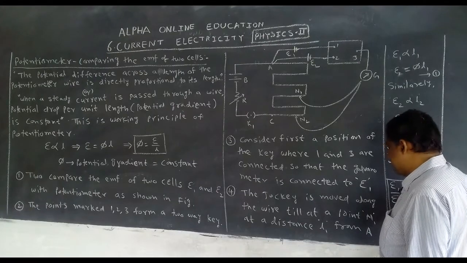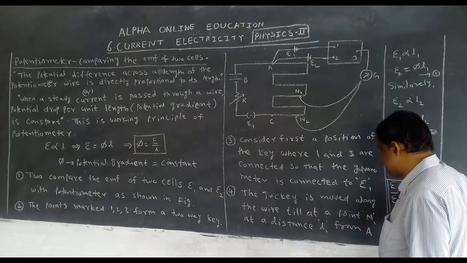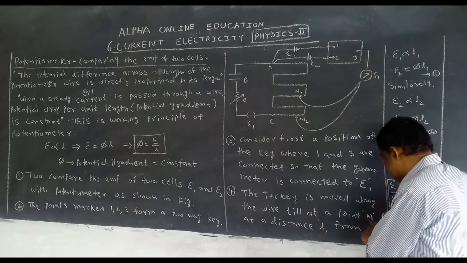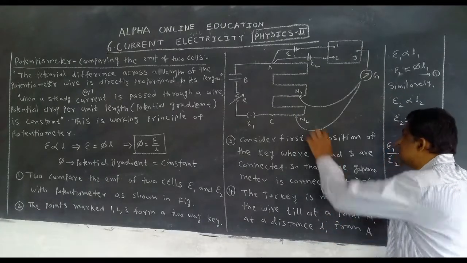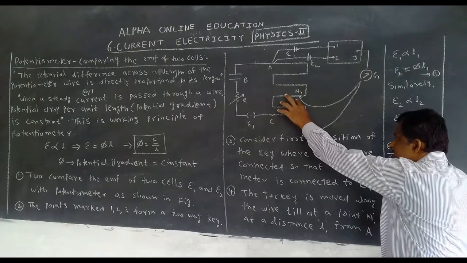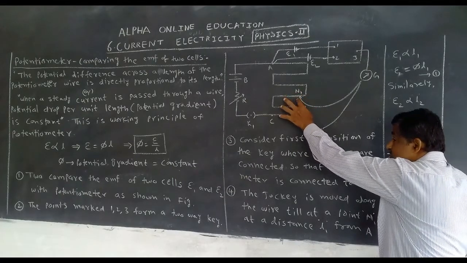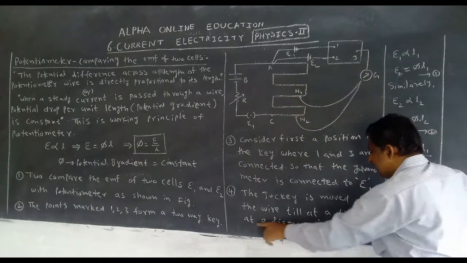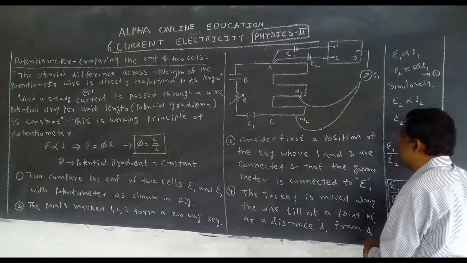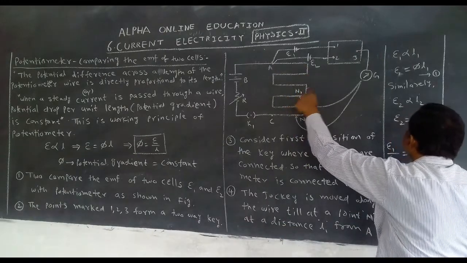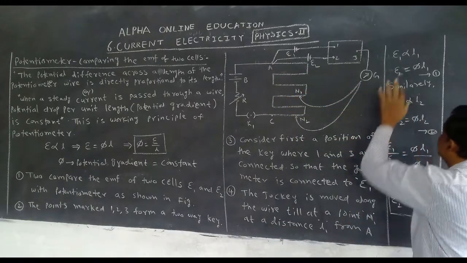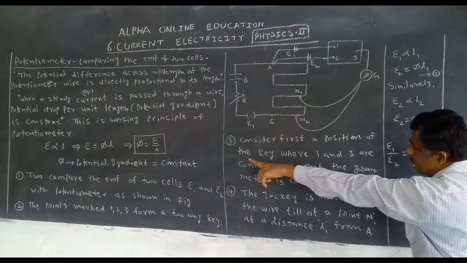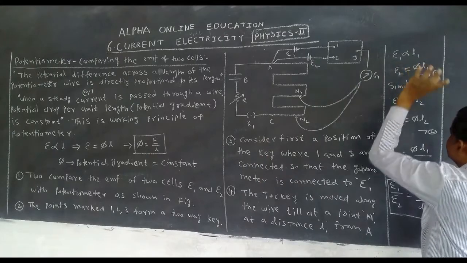The point at which the galvanometer shows zero deflection is called the null point, or otherwise the balancing point, N1, at a distance L1 from A. So we can write E1 proportional to L1. Remove the proportionality, we get potential gradient phi, equation 1.